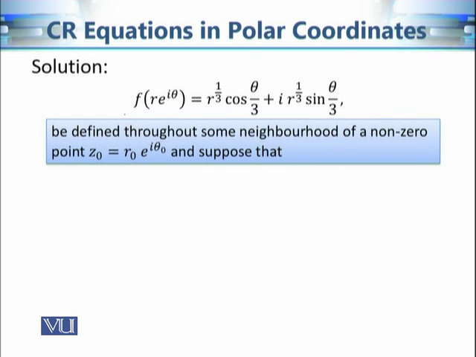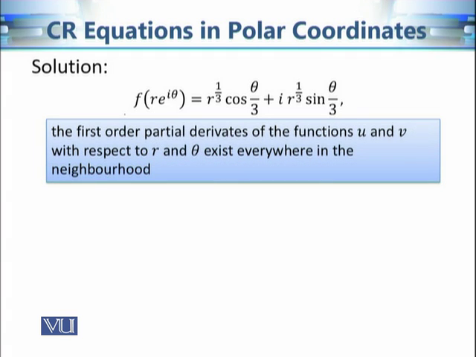So now we want to use the necessary and sufficient criteria which we just derived, and the first condition is that the function should be defined in some neighborhood of the point, and in this case, yes, it is defined. The second condition is the first order partial derivatives of the functions u and v with respect to r and theta must exist everywhere in that neighborhood.